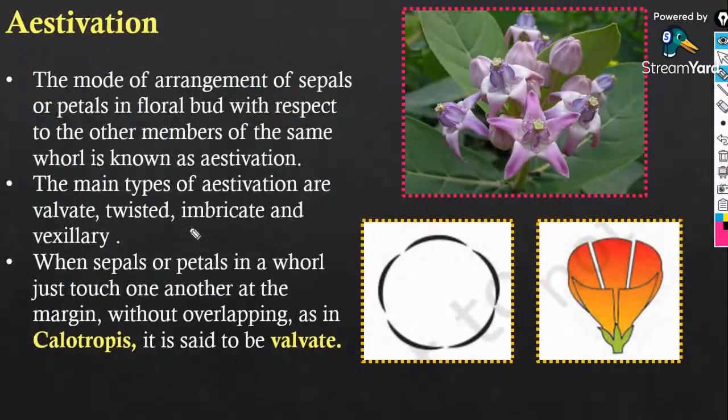So let's start with valvate aestivation. When the sepals or petals in a whorl just touch one another without overlapping, as in calotropis. What is calotropis? This is calotropis.